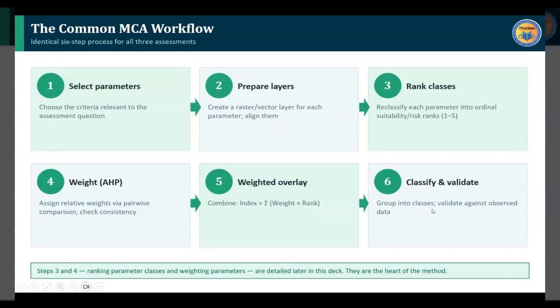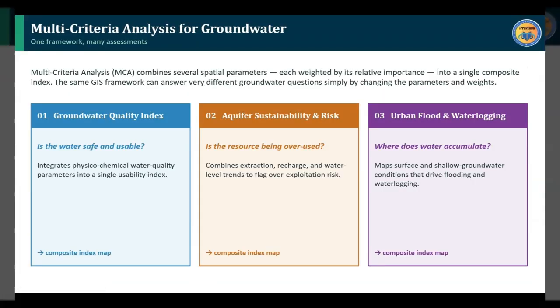Now, why multi criteria analysis for groundwater? Why do we even need multi criteria analysis? Why not just measure that one thing we care about and be done with it? To this, the answer is that groundwater problems are almost never controlled by a single factor.